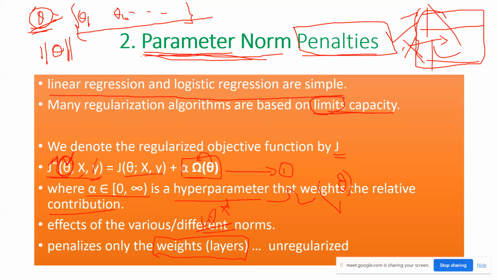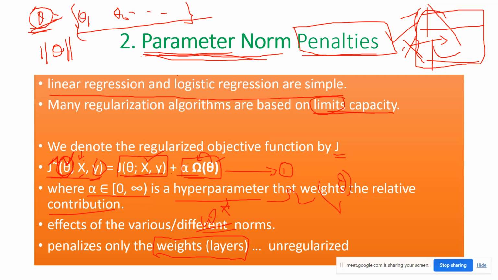We are generating an output, and this output is generated based on input x comma y. x is a vector which has x1, x2, x3 and so on. This is the theta, the parameter. This is the output. With the added penalty, we are controlling the model. If the output is more accurate, with less error, that is okay.